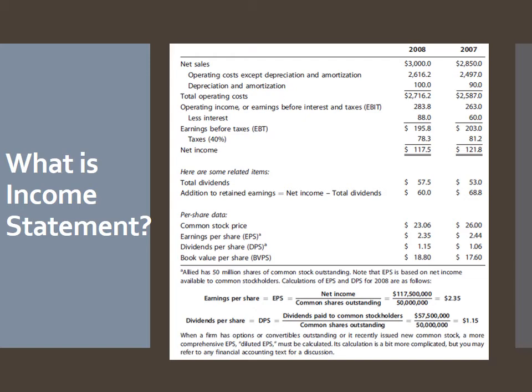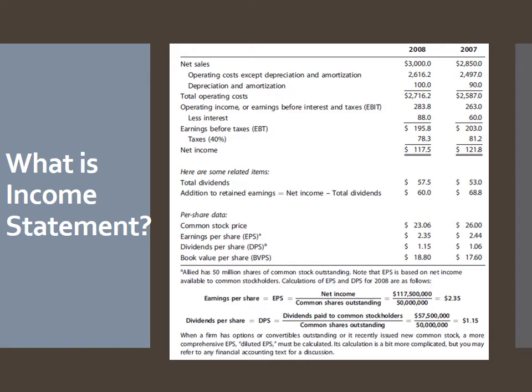Most of the time, what analysts would check is the EBITDA. This is the EBIT. What's EBITDA? EBITDA is the earnings before interest, taxes, depreciation, and amortization. In simple terms, that's net income, and then you add back the interest, the taxes, the depreciation, and the amortization.